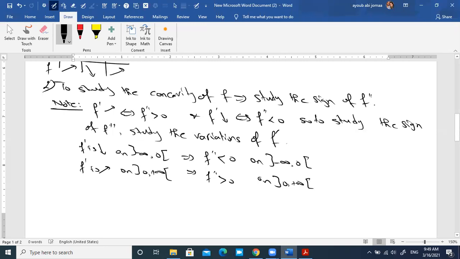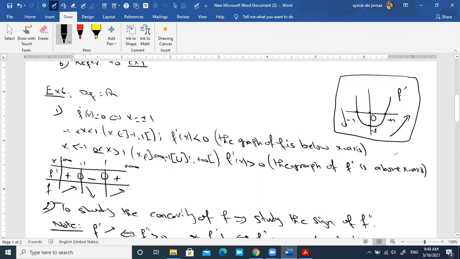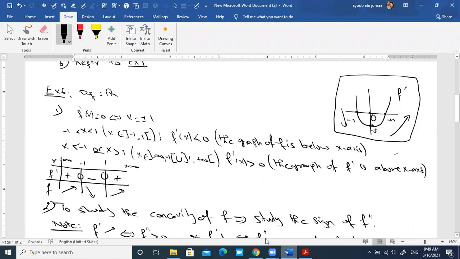Okay, what about at 0? Here we have a minimum and the function is differentiable, so where is this minimum? This is differentiable, meaning f double prime at 0 is equal to 0. I told you we will come back and solve an exercise on this. When we have a maximum or minimum, it means the second derivative is 0.